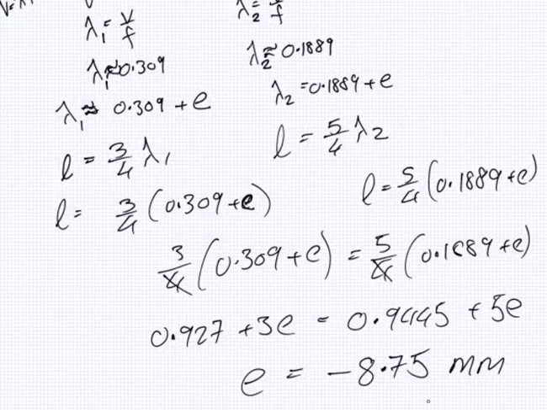Oh yeah, sorry, I should give them different numbers, lambda 1 and lambda 2, so I'm not confused. Lambda 1 is roughly 0.309 plus the error, which I'll call E, and lambda 2 is equal to 0.1889 plus the error.